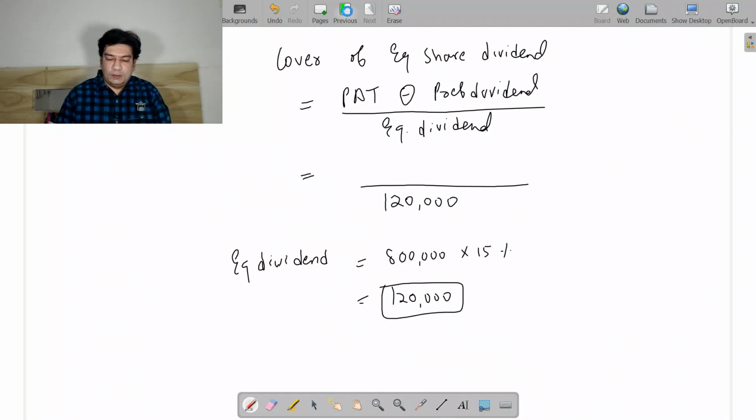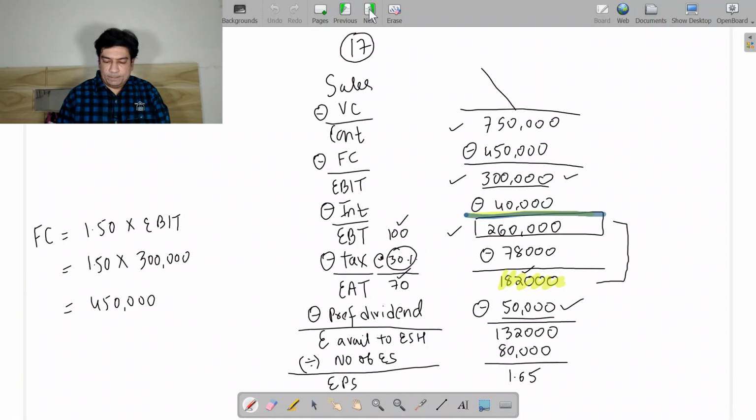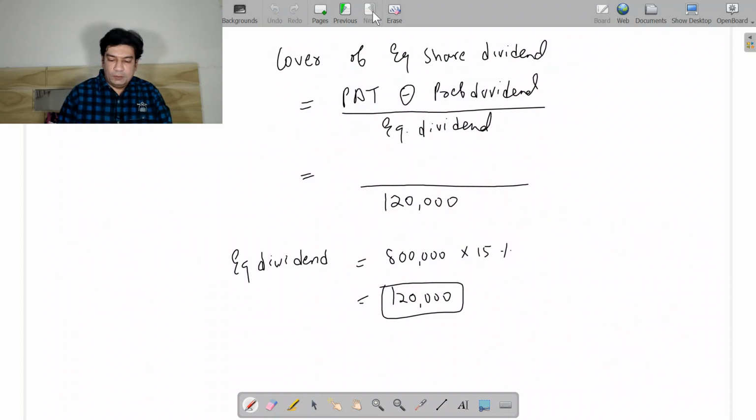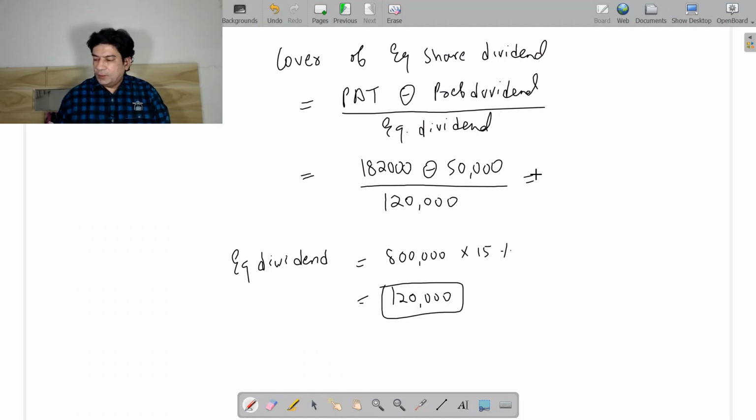Now the profit after tax, see the profit after tax here. The profit after tax less the preference dividend is the earnings available to equity shareholders. So that is 1,32,000. 182,000 minus 50,000, 182 minus 50 is 1,32,000.